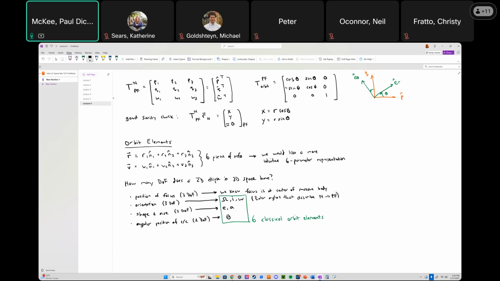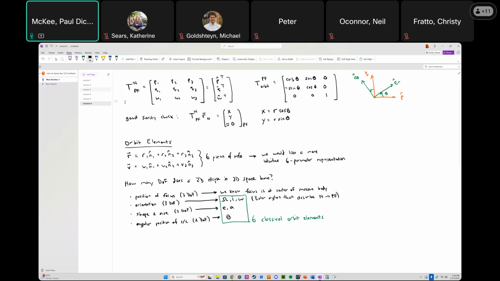Now, there's some textbooks and some authorities that will say that the specific angular momentum h belongs on this list and that a doesn't belong on this list. It's kind of up to you which one you want to use. I like a because I just like to know how big the orbit is, which makes more sense to me. But the specific angular momentum, lowercase h, also includes information about the orbit.